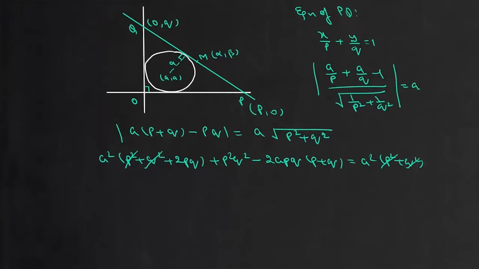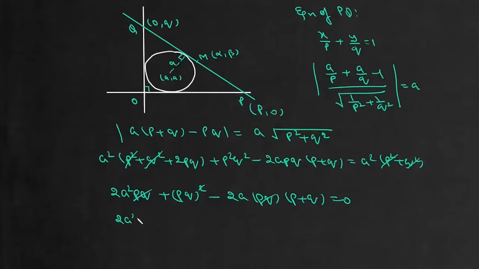So we'll get 2a square PQ plus PQ square minus 2aPQ(P plus Q), and that will be equal to 0. Here PQ will also cancel. So we'll get 2a square plus PQ minus 2a(P plus Q) equals 0.